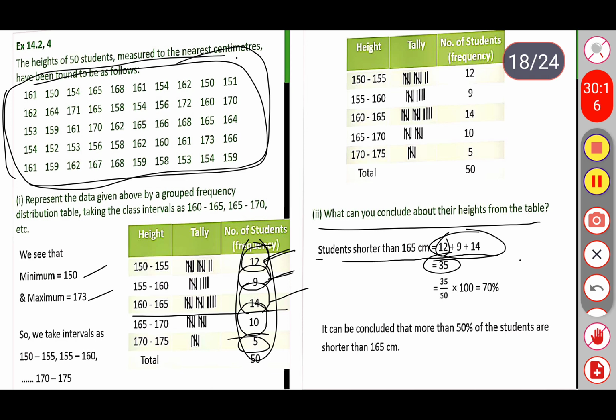It means more than 70 percentage of the students have height less than 165 centimeter. It can be concluded that more than 50 percentage of students are shorter than 165. So this is the conclusion of the given question.